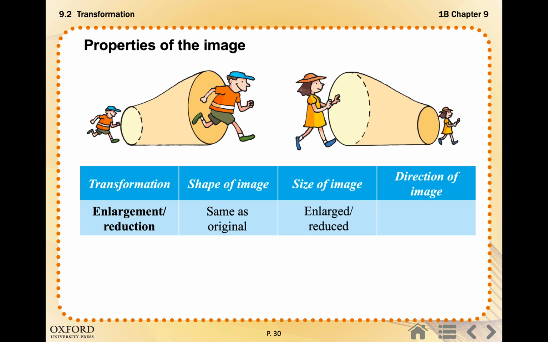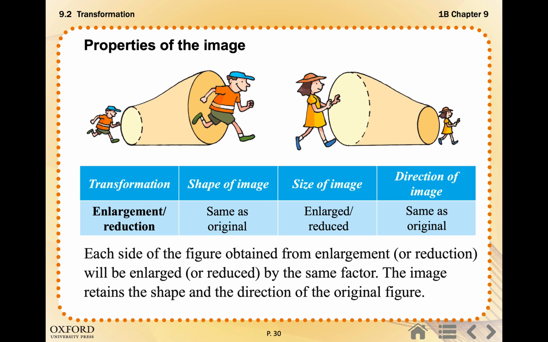But the size is different because sometimes it may be enlarged or reduced. And the direction is the same as before. Okay, so remember the important thing for the enlargement and the reduction is that we need to know how to calculate the enlargement factor and the reduction factor.